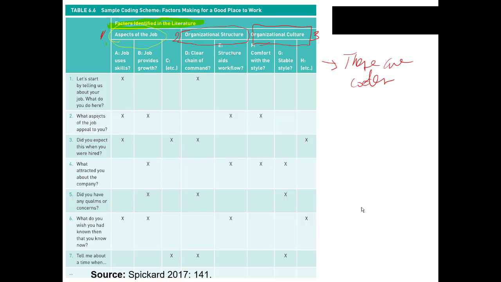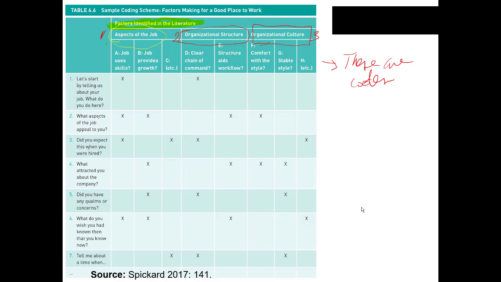This third question then is, did you expect this when you were hired? Here they're asking people to recall when they first got hired, and that can be a problem, because people's memories change over time, or in some cases they do. But in any case, did you expect this when you were hired? It might be that you thought you were going to use all your skills and actually you don't use any of them.